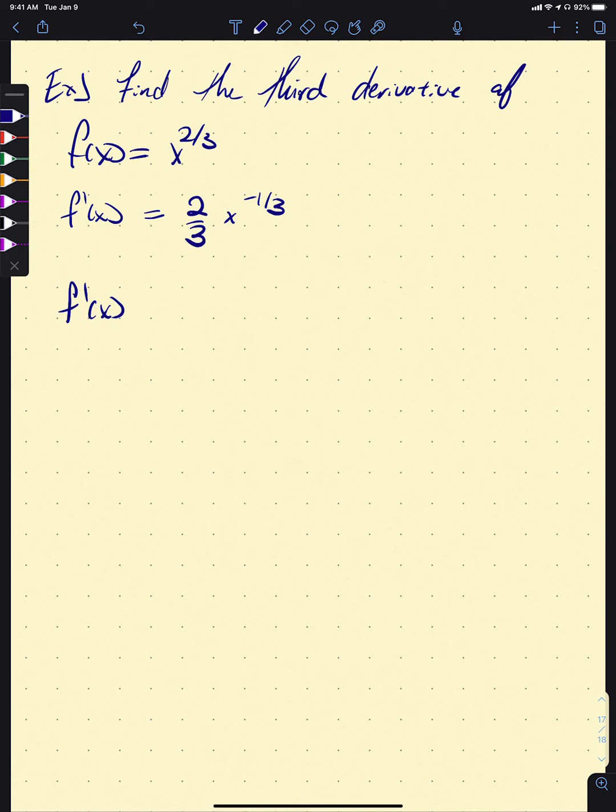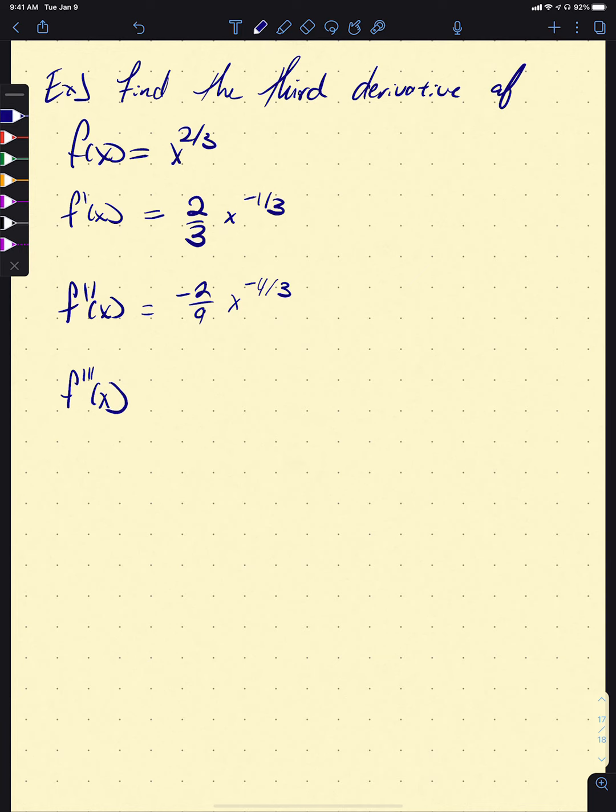Our second derivative, we can continue the same process, right? Our negative 1/3 is going to drop down. Looks like we're going to get a negative 2 over 9 x to the, now when I subtract 1, I'm going to get minus 4/3. It's our second derivative.